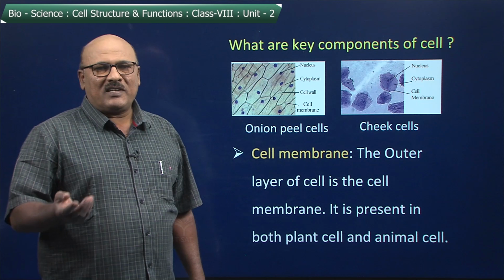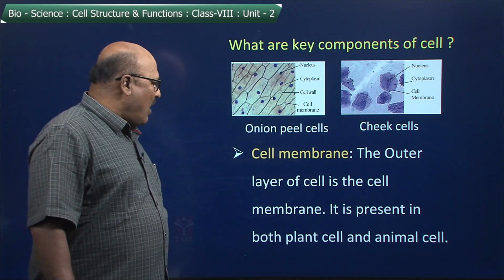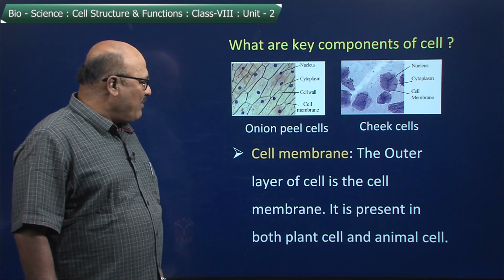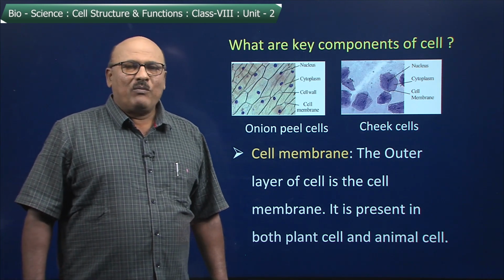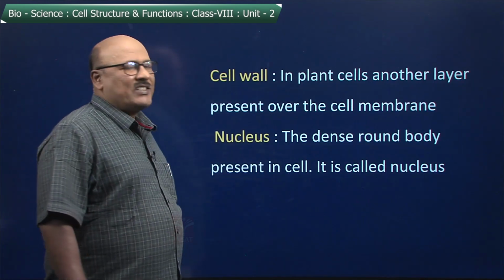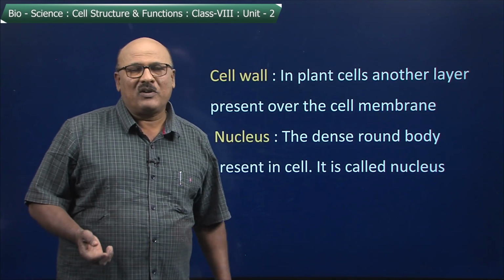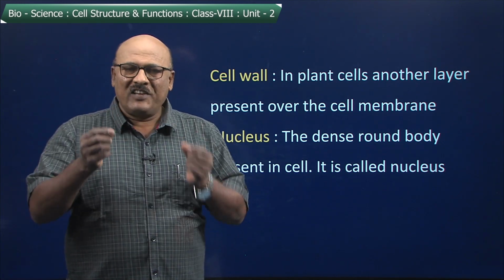Let us try to understand each component. First, the cell membrane. The outer layer of the cell is the cell membrane. It is present in both plant and animal cells. Next, the cell wall. Whenever we observe onion peel cells under a microscope, the outermost layer is very thick.